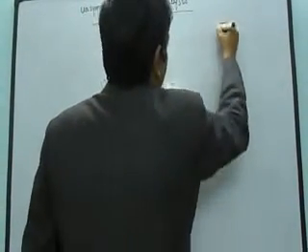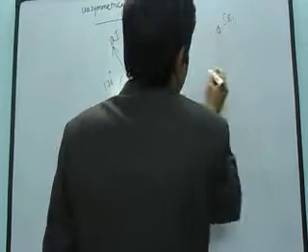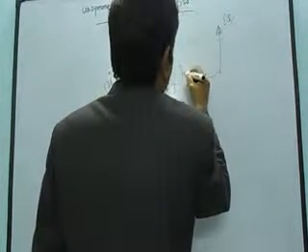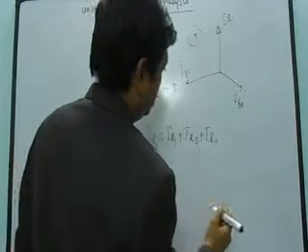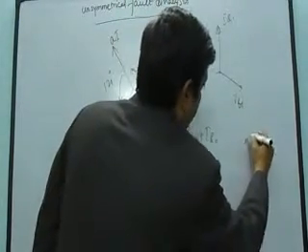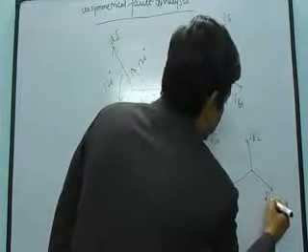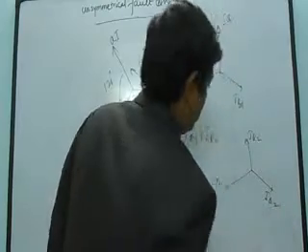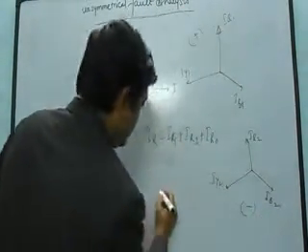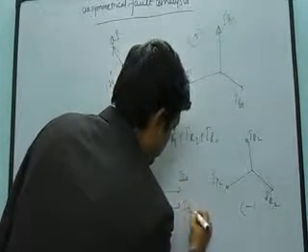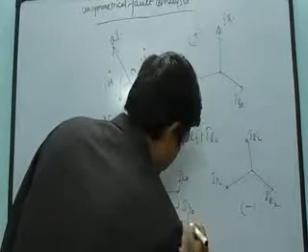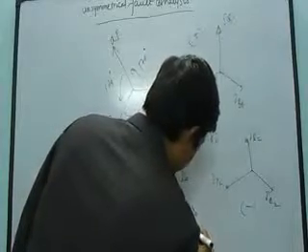Suppose IR1 is the positive sequence, IR2 is the negative sequence, and this is the zero sequence: IR0, IY0, IB0.